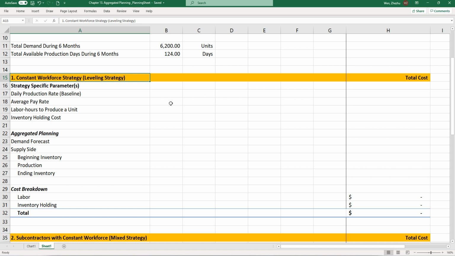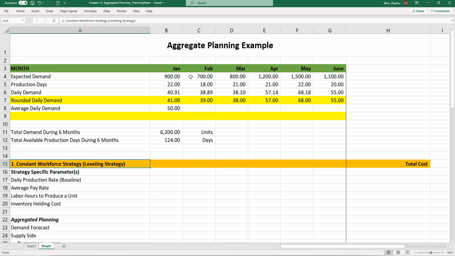As a result, in some cases we'll have overage, in some cases we'll have shortage in terms of production quantity. So in this particular strategy, we are trying to utilize the inventory to deal with fluctuation in terms of demand.